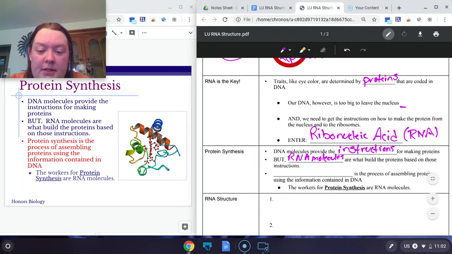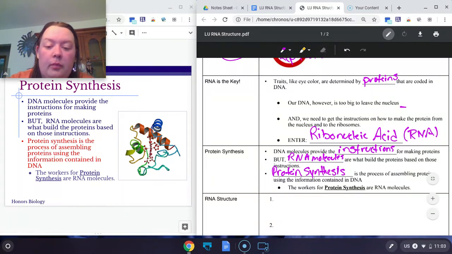The whole process, transcription, translation, is called protein synthesis because they are the steps needed to make proteins. So protein synthesis is the process of building proteins using the steps that we talked about above.